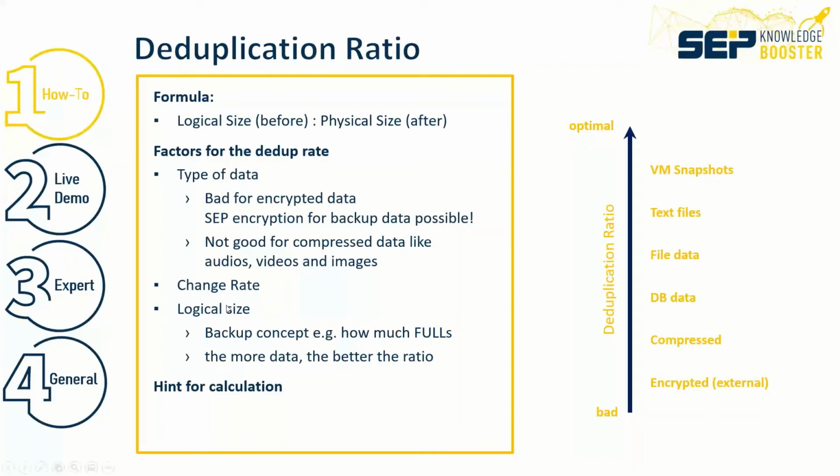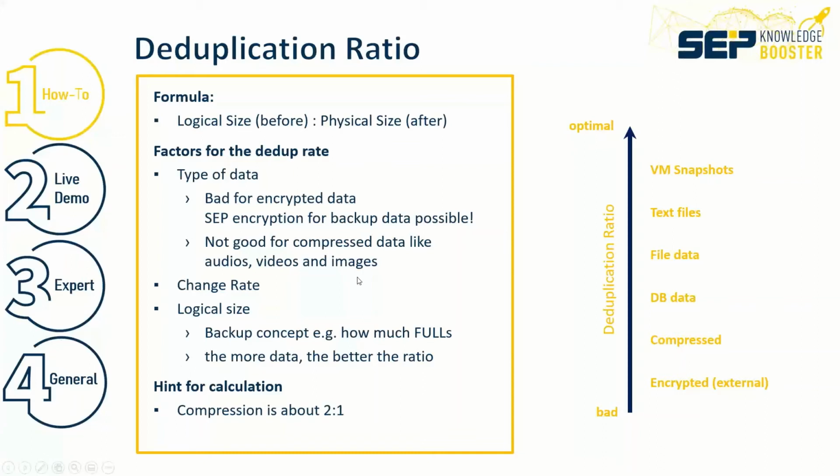But if you do more fulls and you keep the fulls for a longer time, then the dedup ratio gets better and better, the more often you back up the same data. That's logical. Yeah, and the bigger the data store is, the more data you have in your dedup store, the better the ratio is, because there are lots of blocks already there and chances are high that the block is already stored.